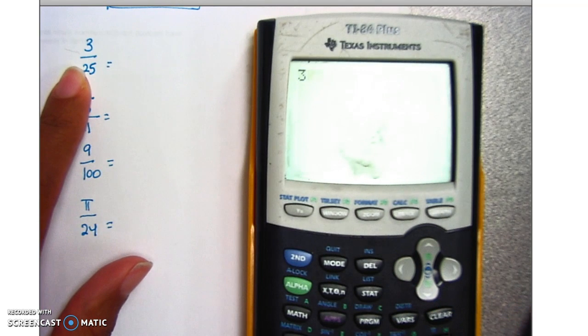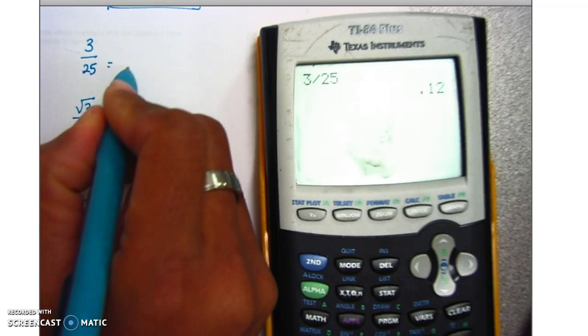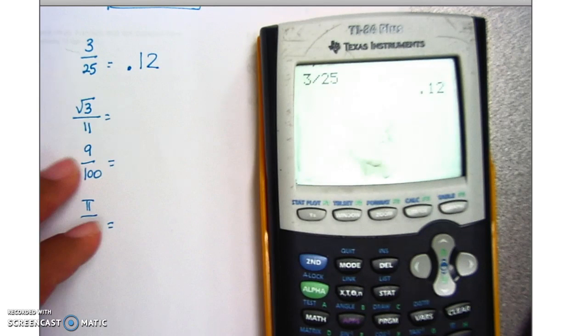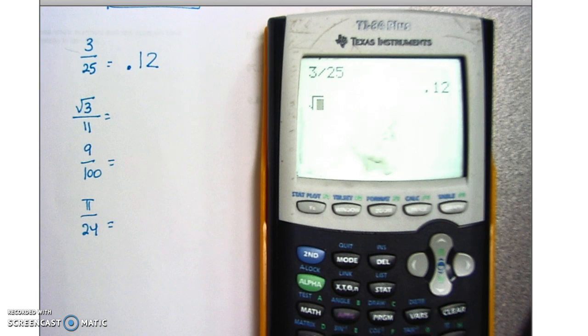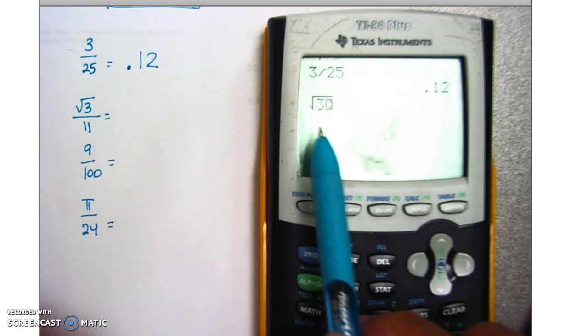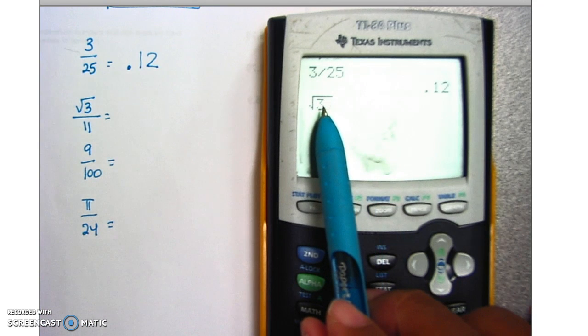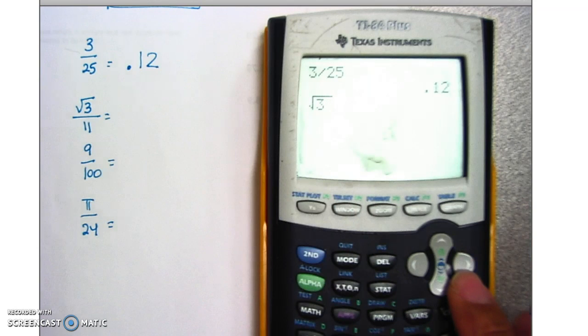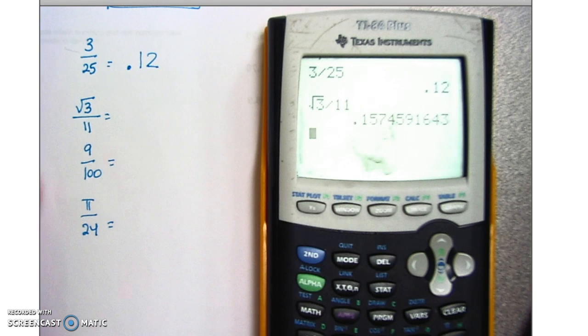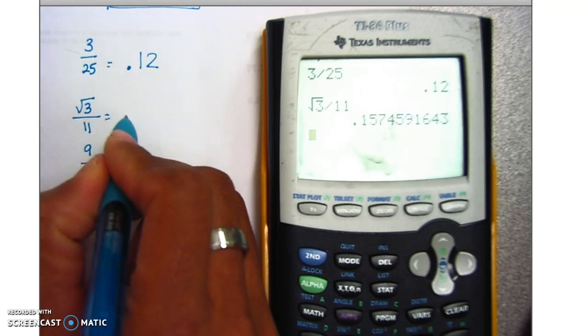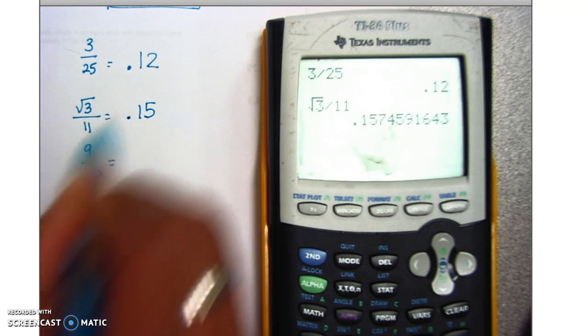So 3 divided by 25 gives me 0.12. Okay. Square roots. So second x to 3. Now, to get us out of the square root symbol, you're going to press the right arrow button. And we are no longer under that square root symbol. Then we're going to do divided by 11. First two numbers gives us 0.15.